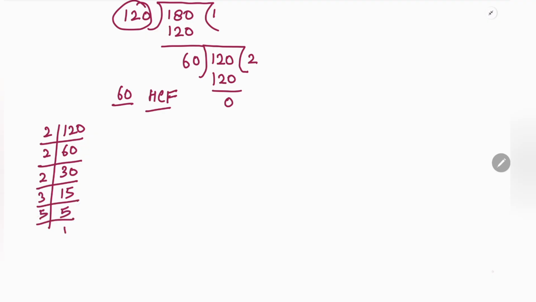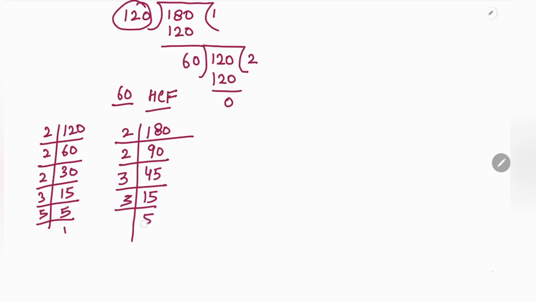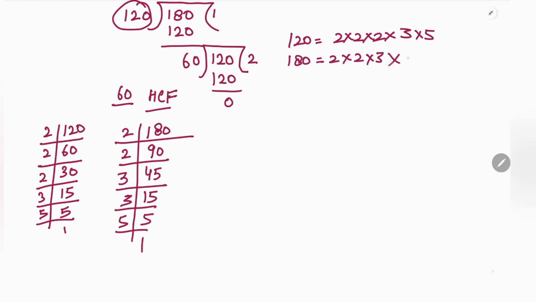And then I will do the prime factorization of 180: 2, 90, 2, 45, then with 3, and again with 3, and then with 5, right? Now I will write what 120 is: 2 times 2 times 2 times 3 times 5, right? And what is 180? 2 times 2 times 3 times 3 times 5.